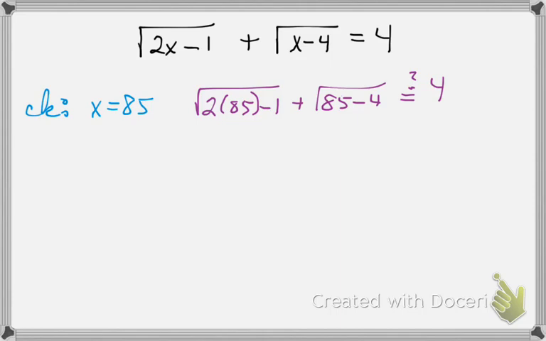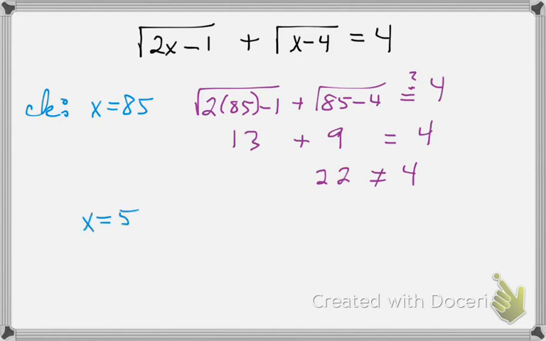So 2 times 85, 170 minus 1, and the principal square root of 169 is 13. 85 minus 4, 81, principal square root is 9. But 13 plus 9, there's no way that's going to equal 4. It doesn't. Notice that if it had been minus, it would have worked. That's just how that happens, if it happens. So you ferreted out the stowaway. You're good at that.